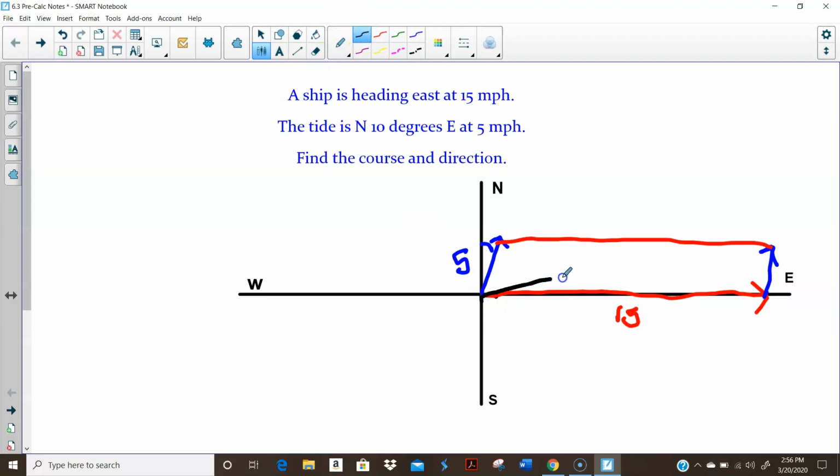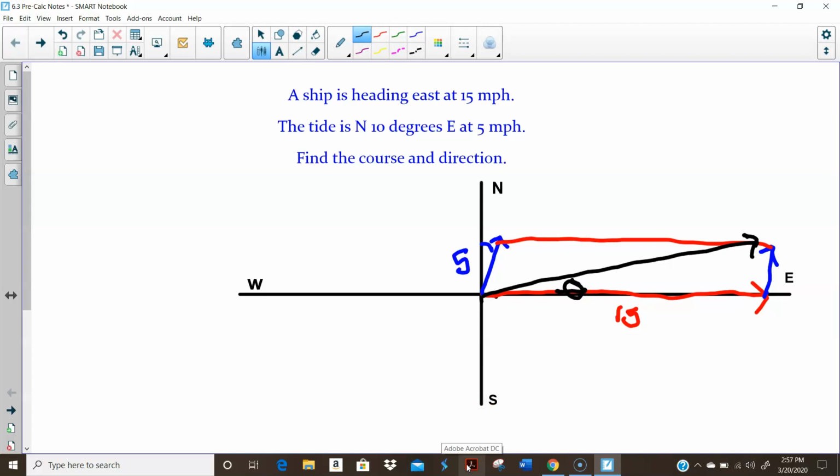So here's the resultant force. And I know the picture's not the best. All right, so we're going to figure out the length of that resultant force, and that will be how fast the ship is going. And then we're also going to find the angle, which means we're looking for theta right there. All right, so how are we going to do that?